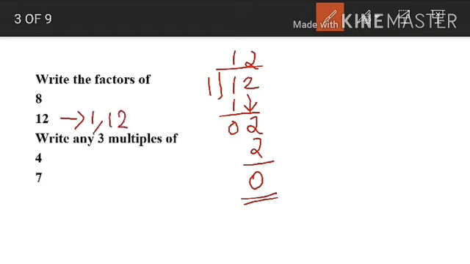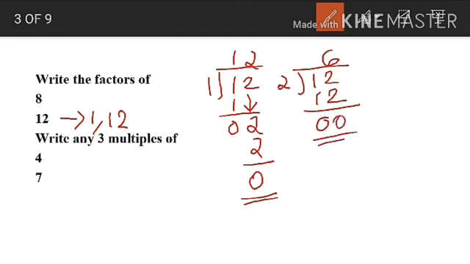Now let us divide 12 by 2. 2 sixes are 12. So 12 minus 12 is 0. So 12 is exactly divided by 2. So 2 and 6 are also the factors of 12.